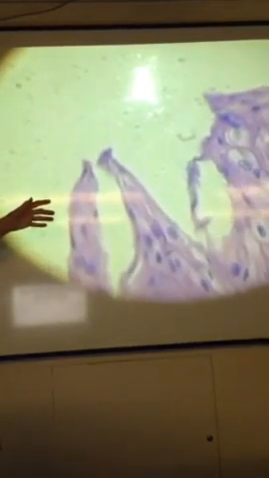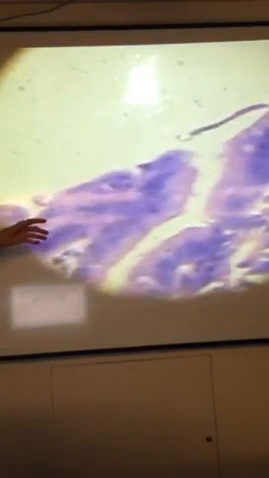So let's go one more. You wouldn't see this high on the lab practical, but let me get up here. So this is, it's way too big, but this is stratified squamous cells all the way to the top, sloughing off because you've got wear and tear in the esophagus.